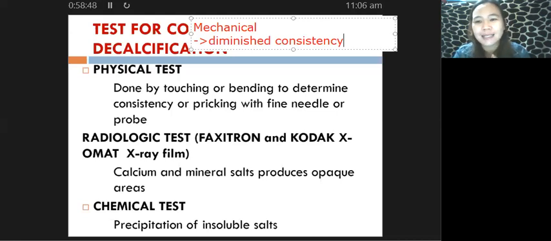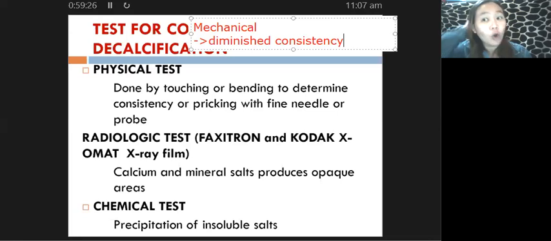And actually, that's the problem with your physical or mechanical testing. Why? Because it is considered to be vague, malabo, and it is unreliable, because you cannot really tell.